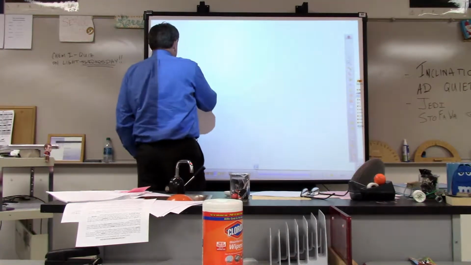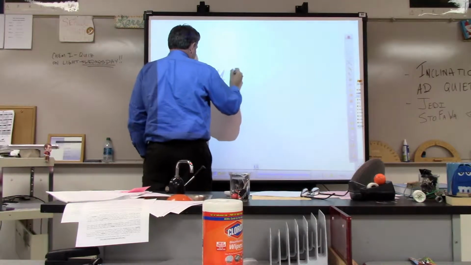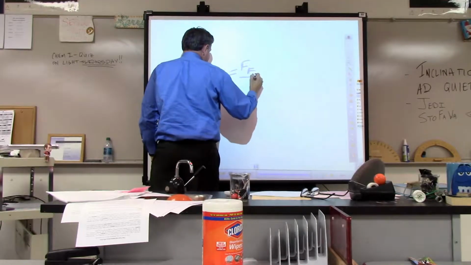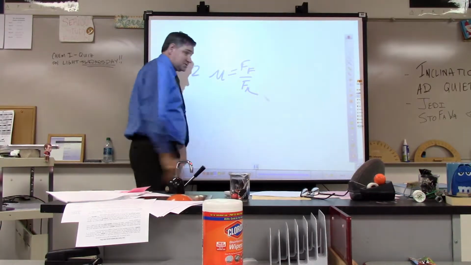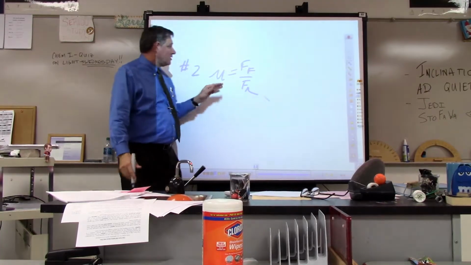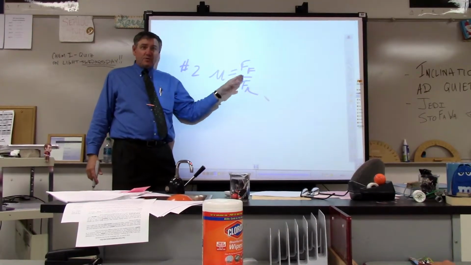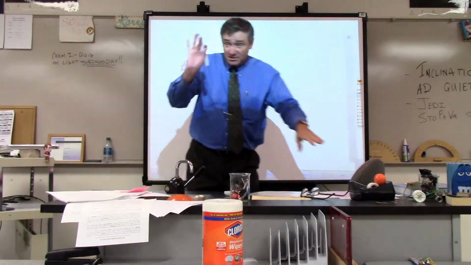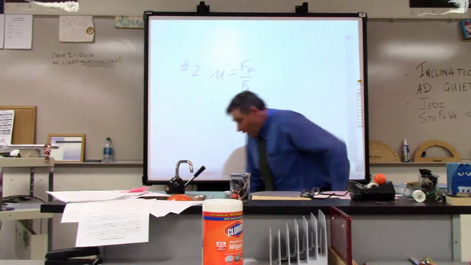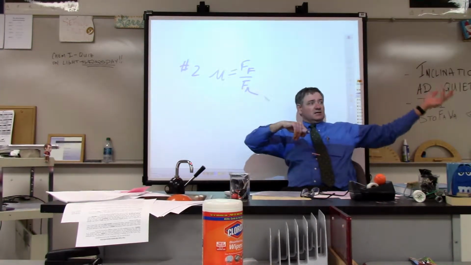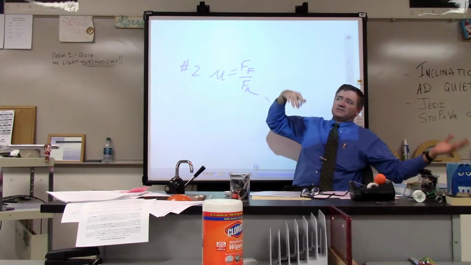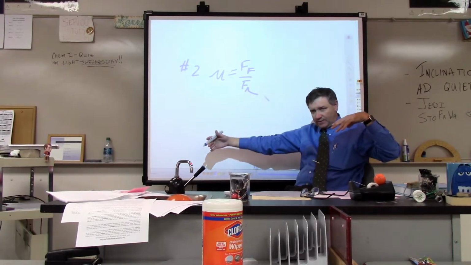So on number 2, you want to find mu, which is force friction over force normal, right? There's a couple of different ways that you can calculate force friction. This is what we talked about. One option is that I pull it along at a constant velocity. However much force it takes, that's how much it takes to overcome friction.